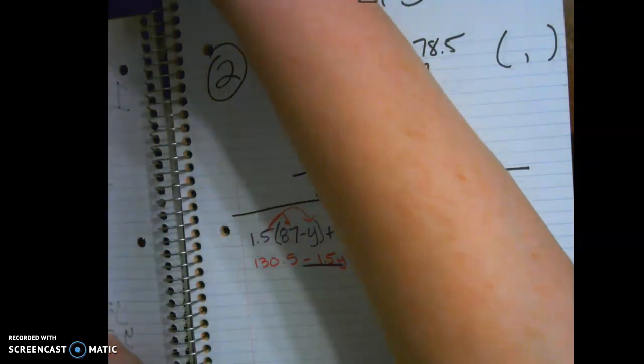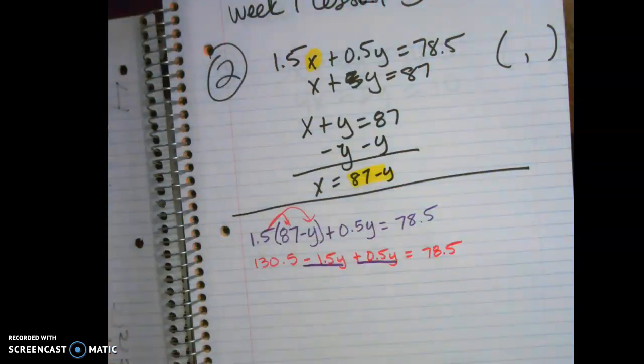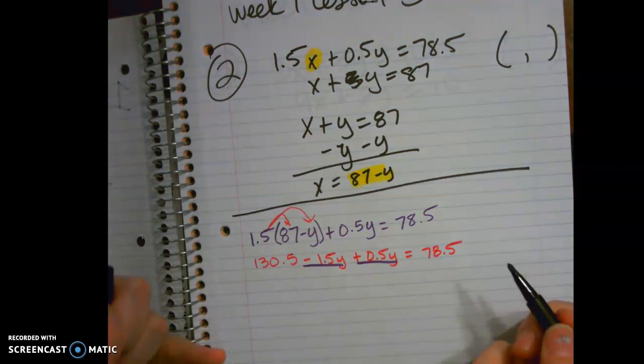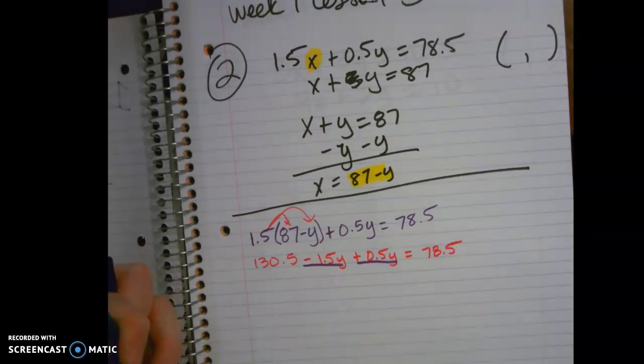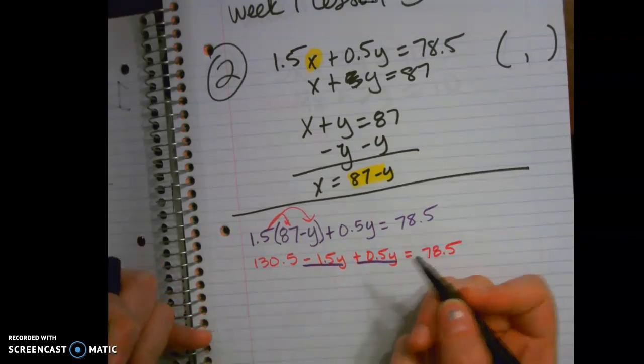So since that's the case, we can combine them. And so negative 1.5 plus 0.5 is negative 1.